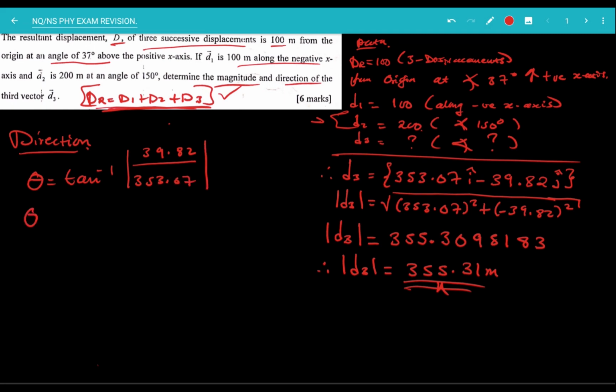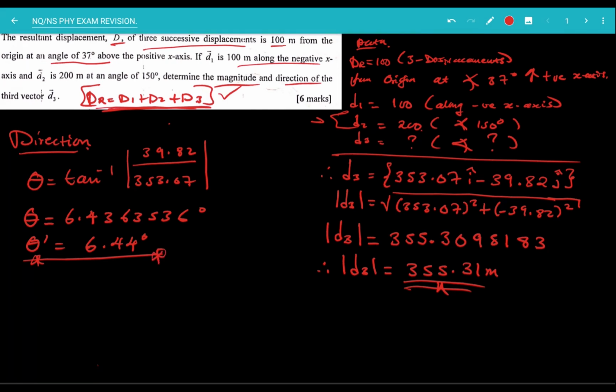So theta is equivalent to 6.43635336 degrees. So theta, let me call this theta prime, is equal to 6.44 degrees. Now the reason I'm calling it theta prime is because it's just too small.